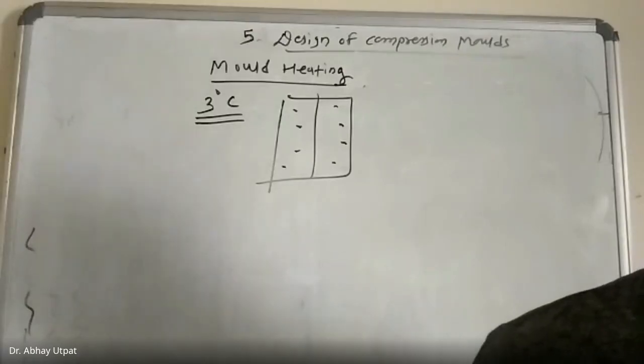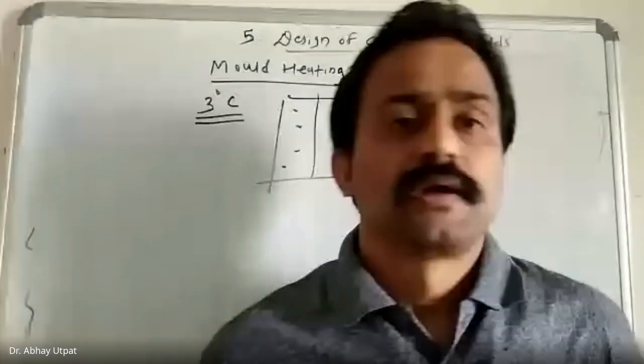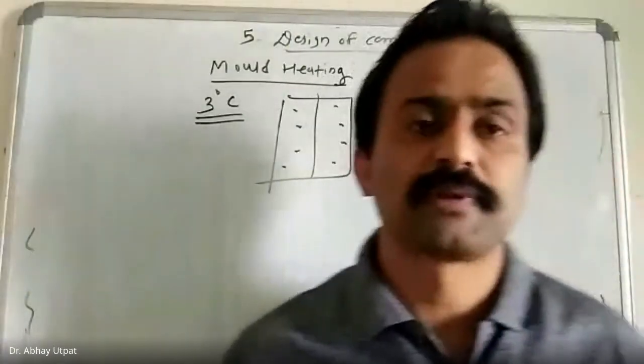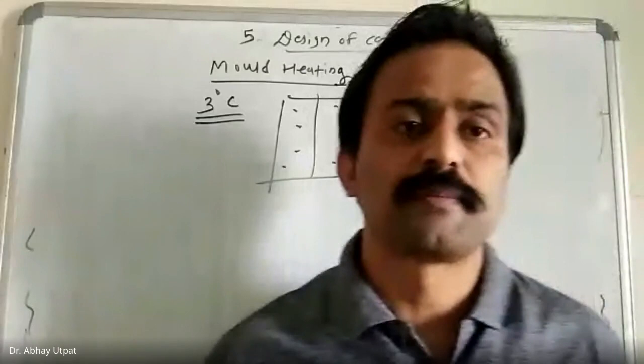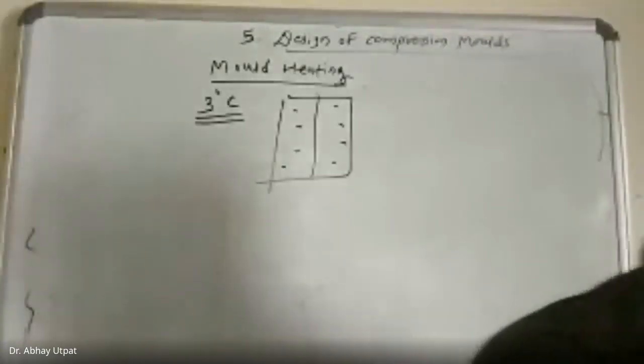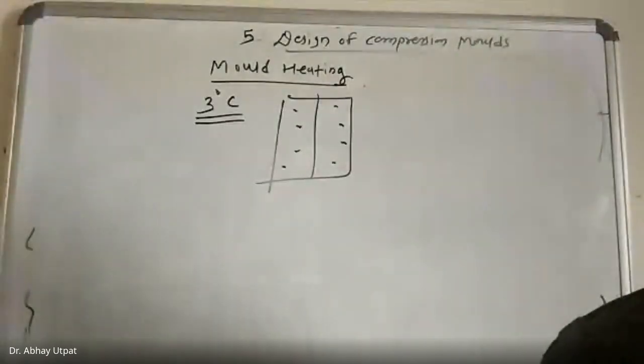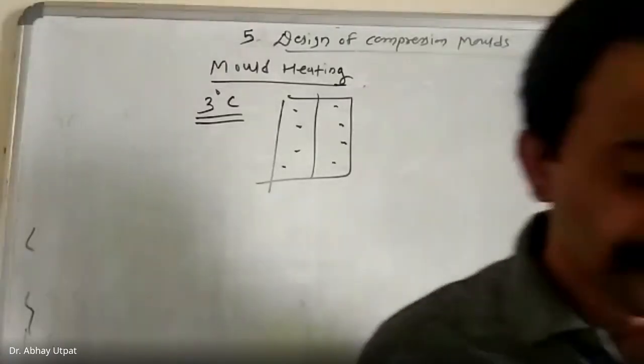And now next line, important. When the mold temperature is uniform, the properties of the components are better. Full stop.